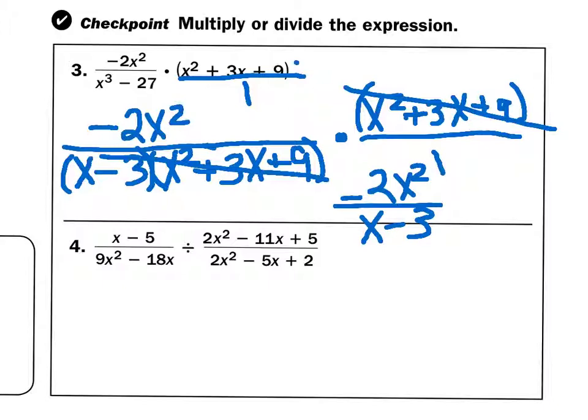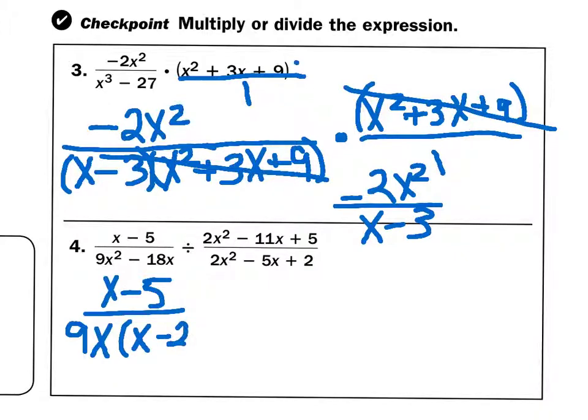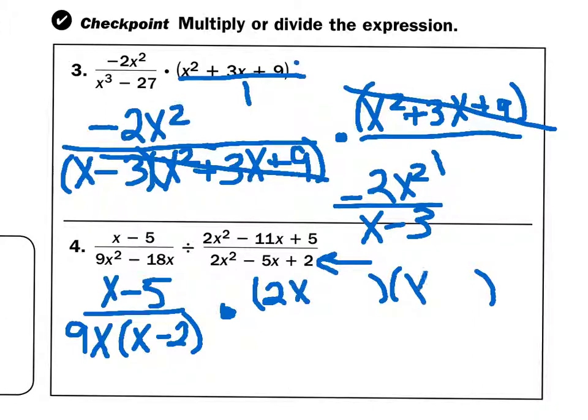Okay, number 4. I am going to go ahead and factor this bottom while I'm here. So 9x, x minus 2, and then flip the top, factor out this while I flip it, so 2x, and then x.